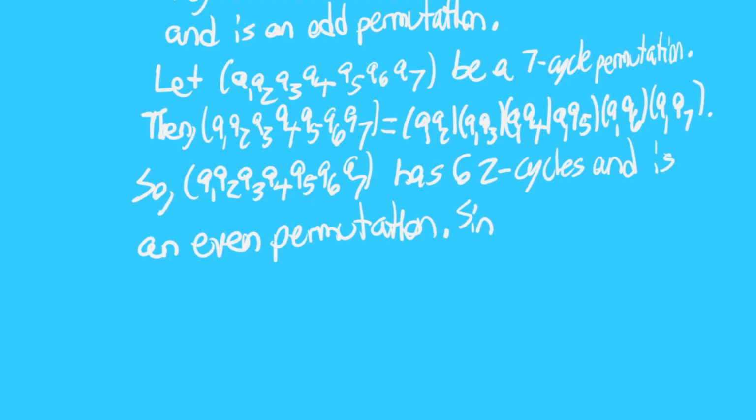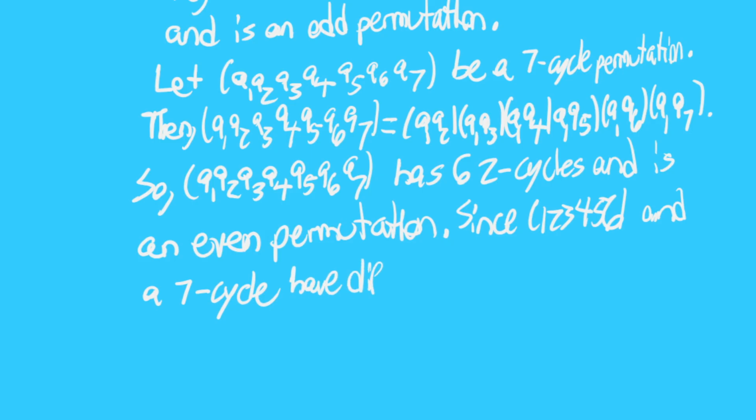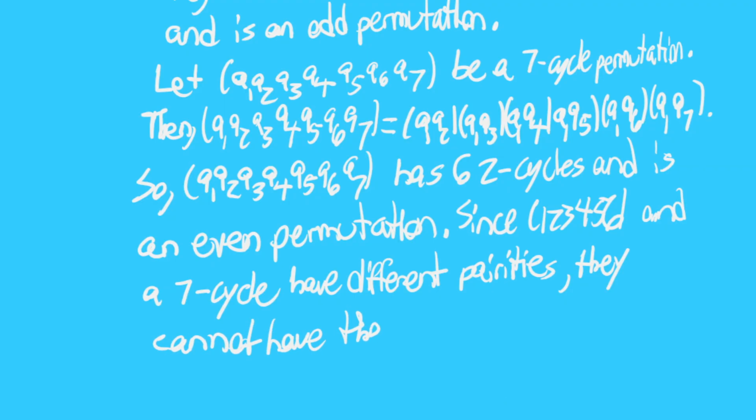So since (1 2 3 4 5 6) and a 7 cycle have different parities, they cannot have the same structure.